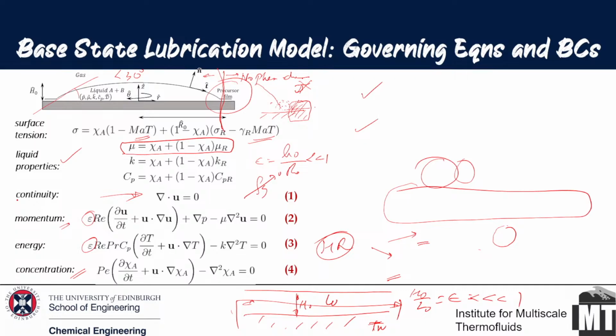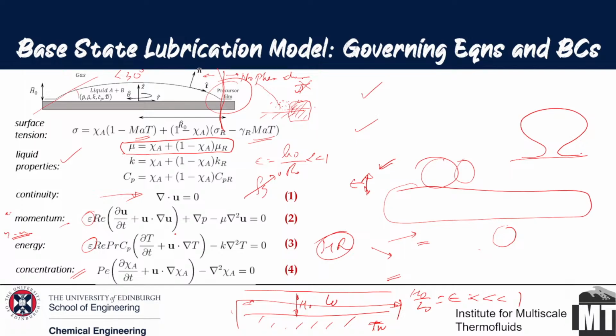Now, if you are going towards a hydrophobic case, you will not only have the x momentum, you will also have the y momentum equations, because epsilon is not small. Epsilon is actually big. So when epsilon is big, all of the terms become very important.